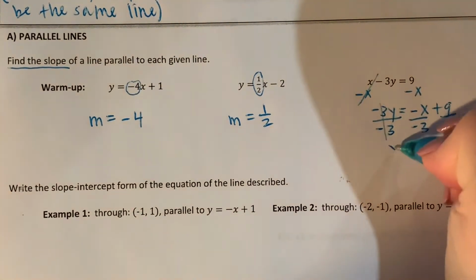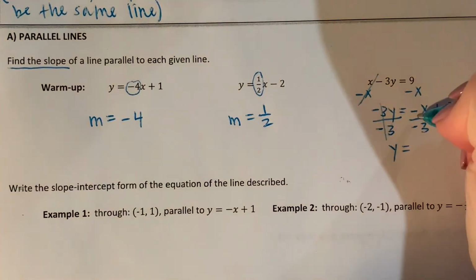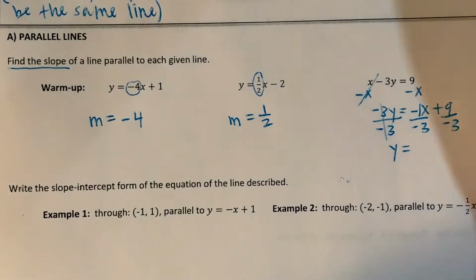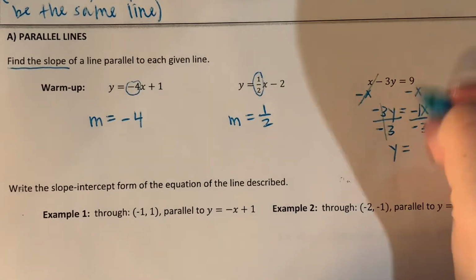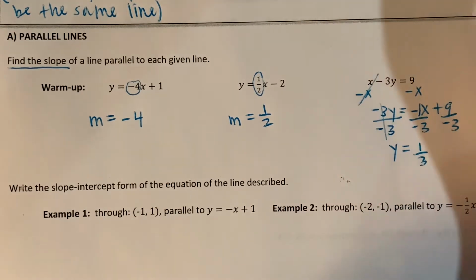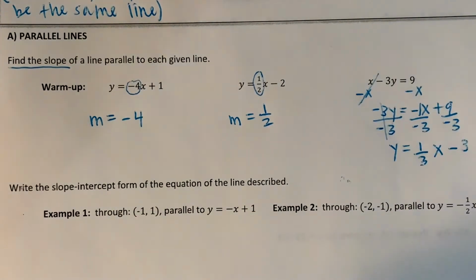And so then I get y equals, here I'm doing -x divided by -3. That's like saying -1x divided by -3. -1 over -3 just turns to +1/3 x. And then 9 divided by -3 gives us -3.